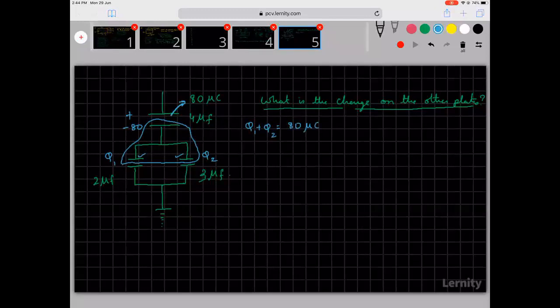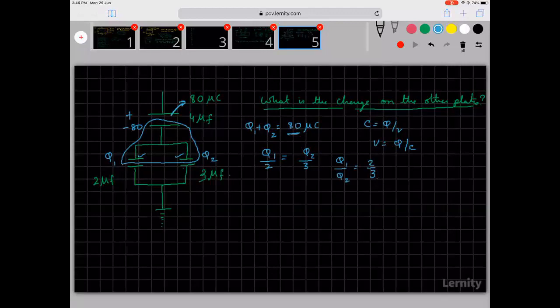Also, these two will have the same potential. Charge will distribute till potential is the same. Now you know that C is equal to Q by V, so V will become equal to Q by C. So you will have Q1 by 2 is equal to Q2 by 3. From there I can say Q1 by Q2 is equal to 2 by 3.